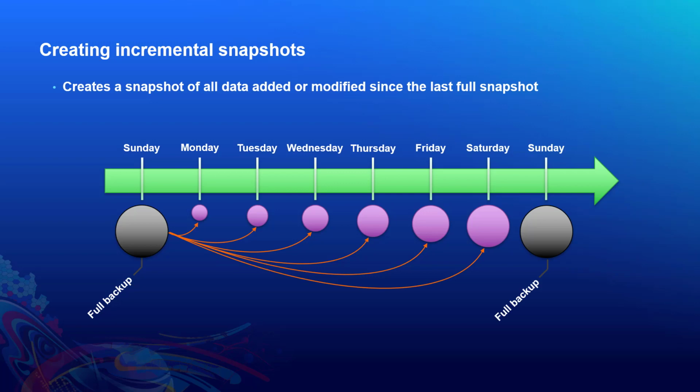So now your full backup will again reset the size of the incremental backups. So it's important that you think about how much content you're creating on a daily basis, and monitor the size of the incremental backups to make sure that as you progress through the week, it's still feasible for you to create incremental backups versus another full backup.